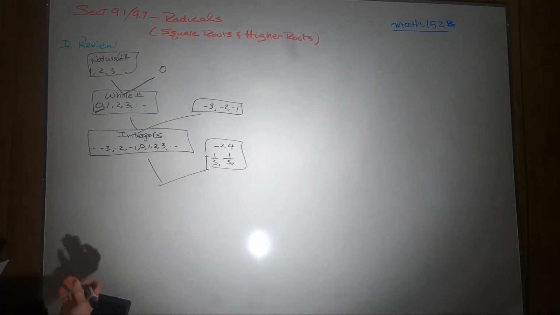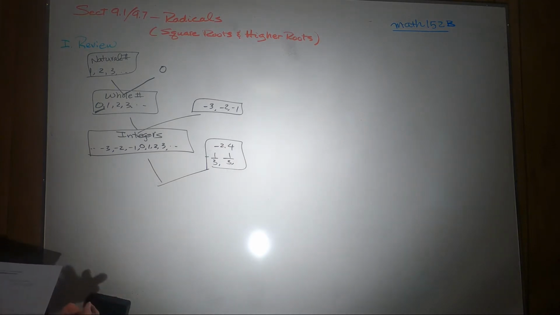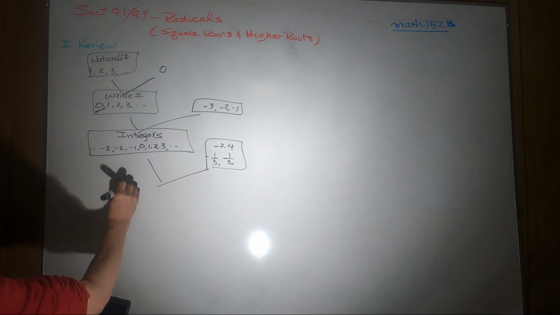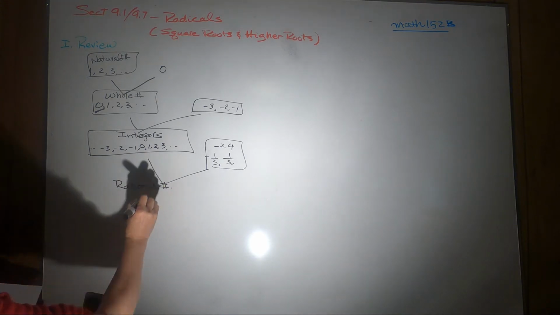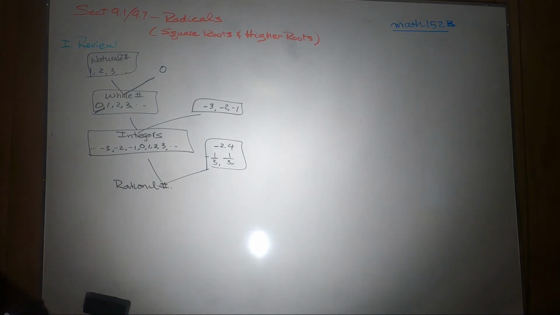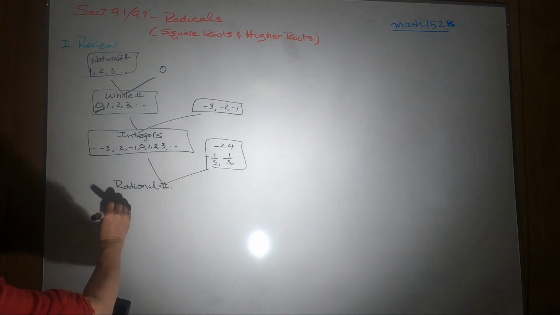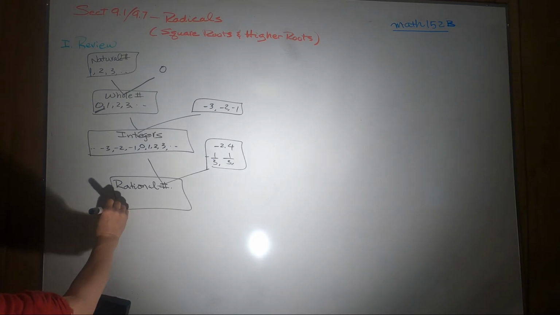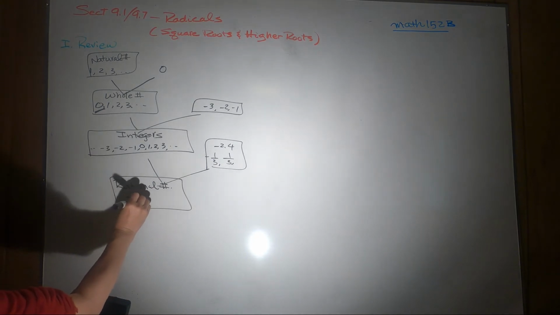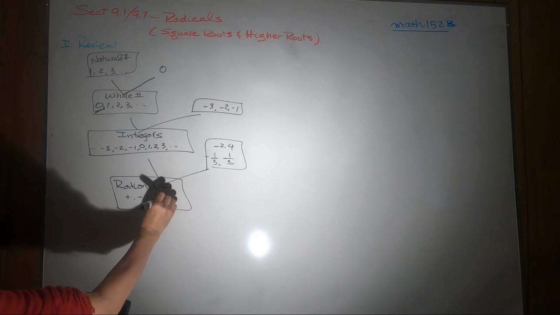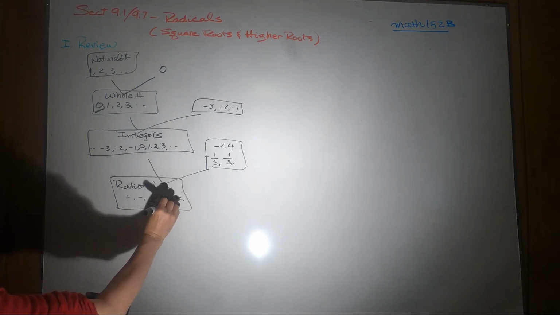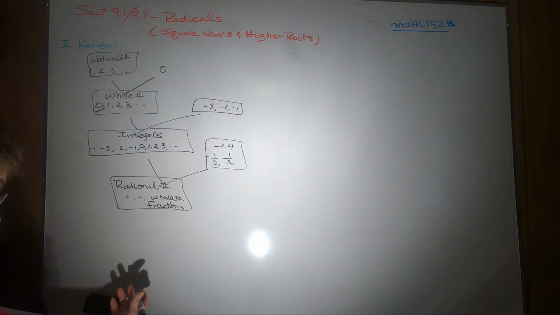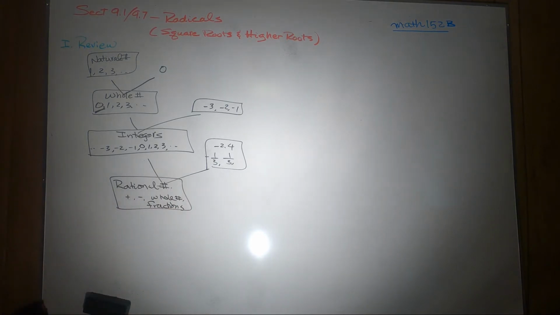Very easy to connect, right? Comprehend. So it's reasonable. We call them rational numbers. Rational numbers include positive and negative and whole numbers and fractions.